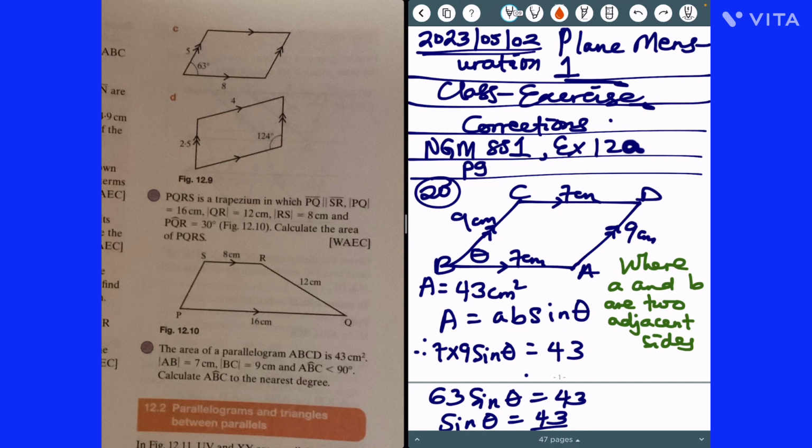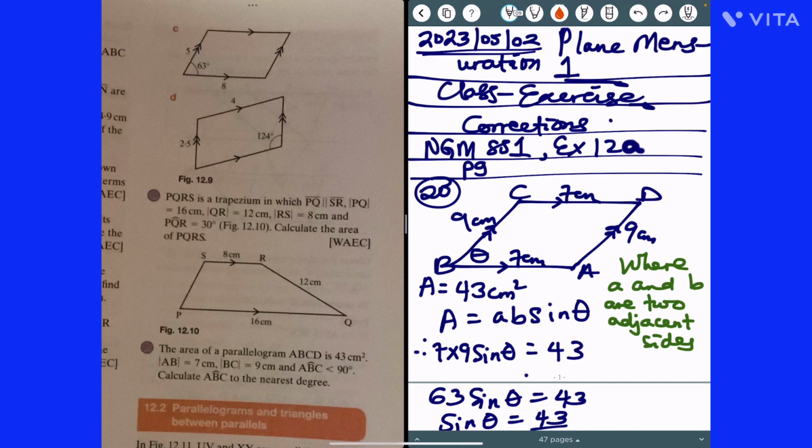This is a simple question. Just write the formula down, that the area of the parallelogram is AB sine theta. So your A is 7, your B is 9. Sine theta is equal to 43 centimeters squared. So you will get 63 sine theta equals 43.